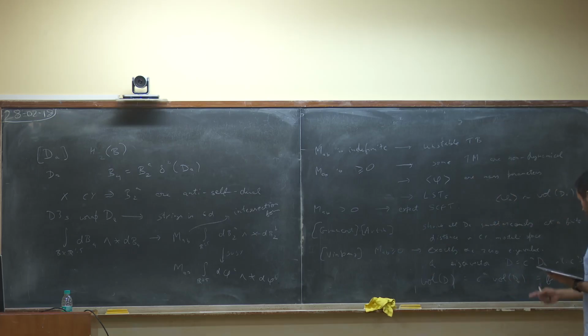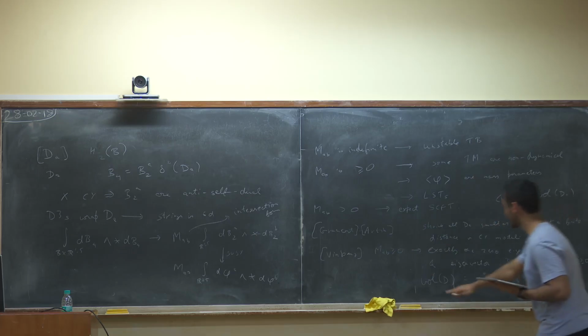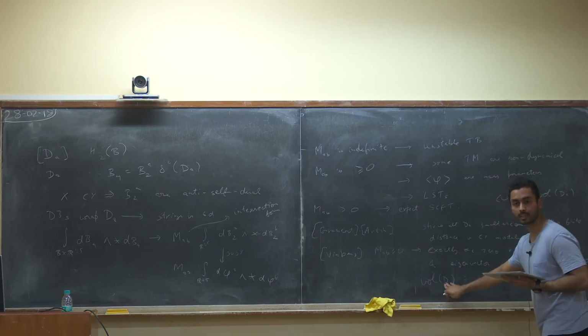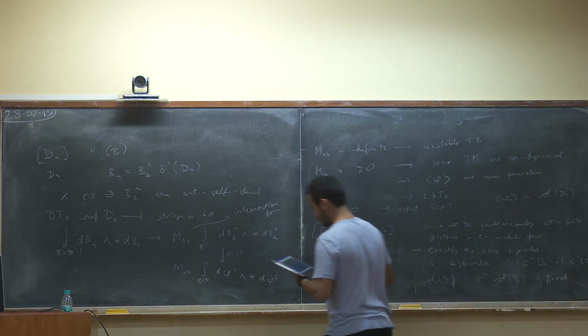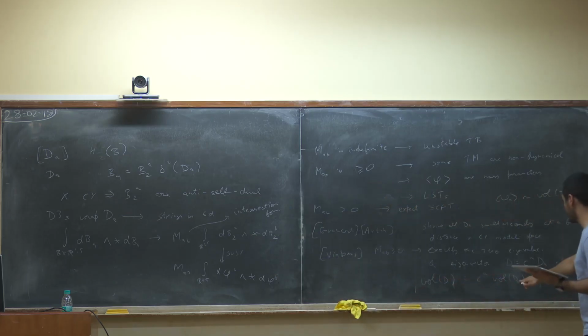Right. So D3 branes wrapping this P1 will give you the little string, this D. And you can compute its tension as well. So its tension will be CA times the volume of this thing.